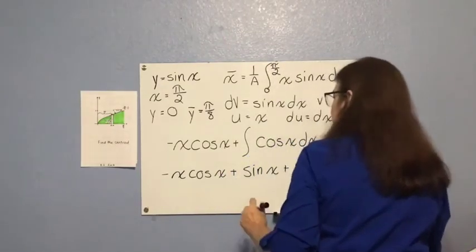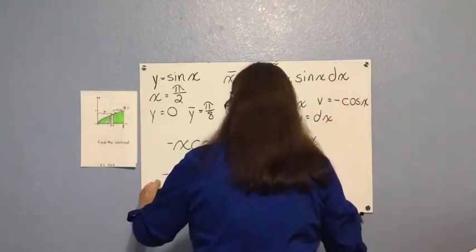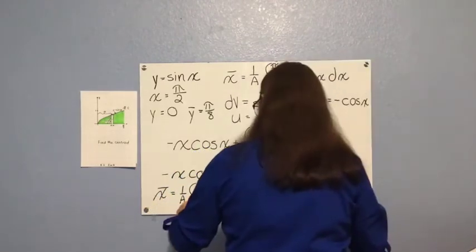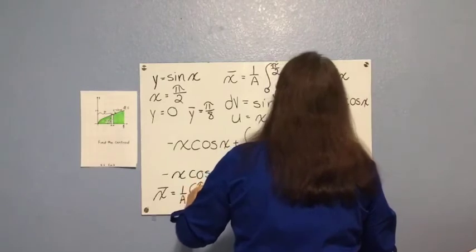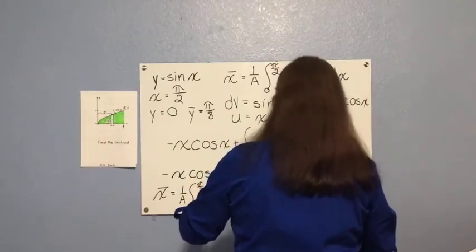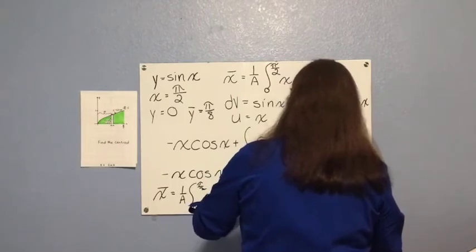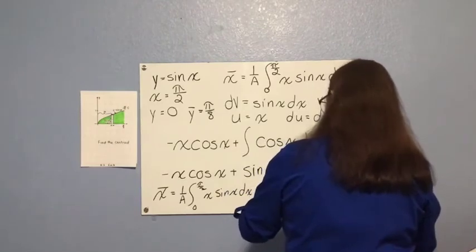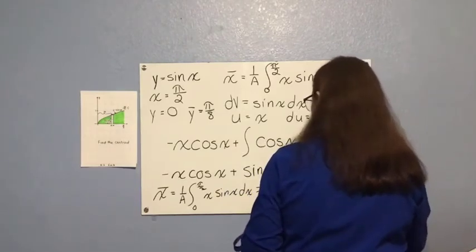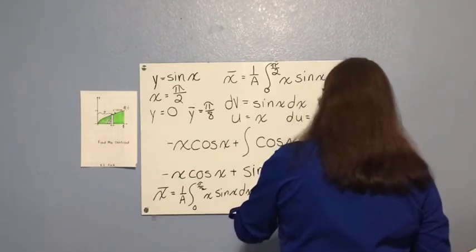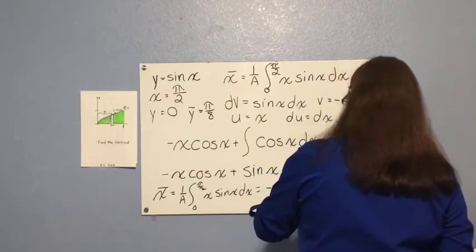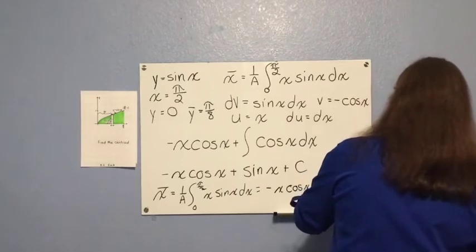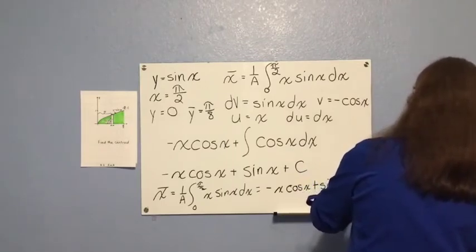Going back to my original equation for x bar, the integral from 0 to pi over 2 of x sine x dx is equal to negative x cosine x plus sine x evaluated from 0 to pi over 2.